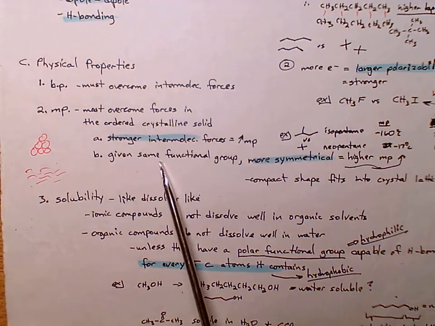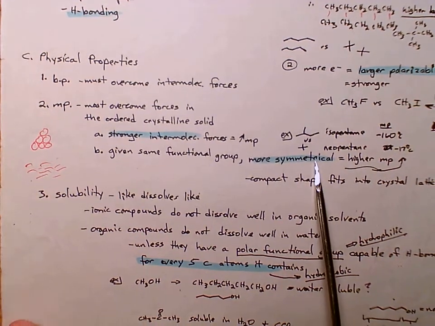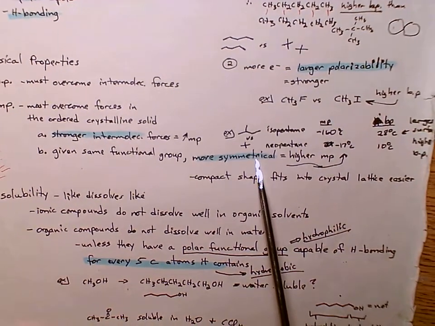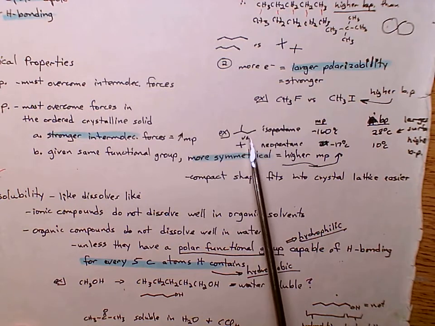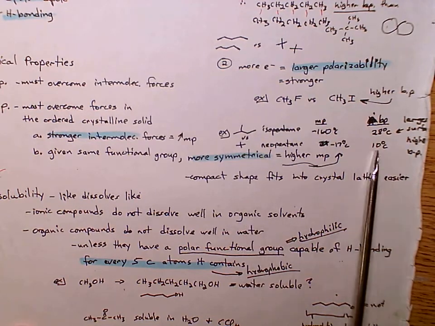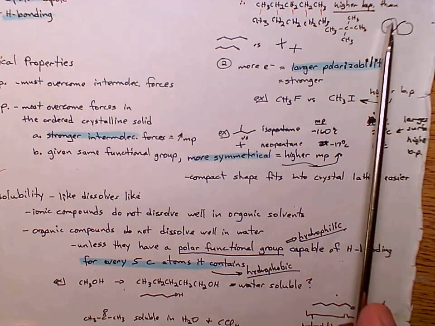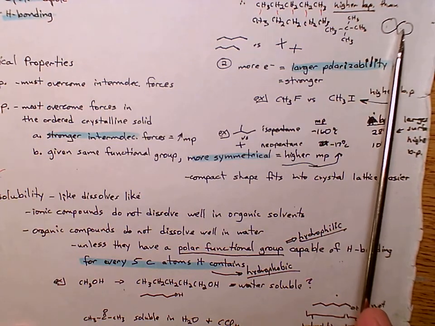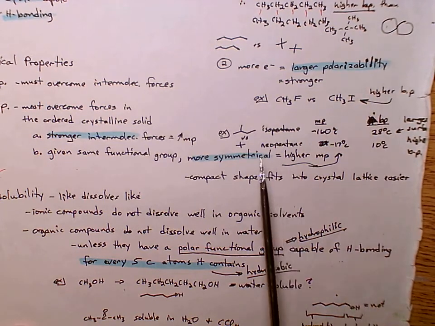Note, this is for the same functional group and more or less the same number of carbon atoms. And note, this is different from boiling point, because the more symmetrical it is, the lower its boiling point, because it only touches at a few positions.